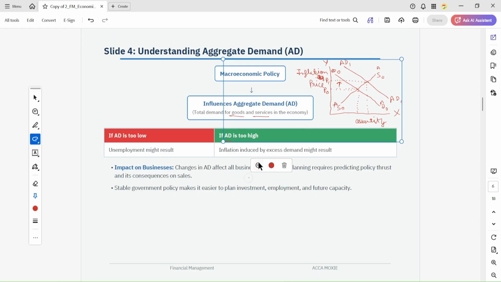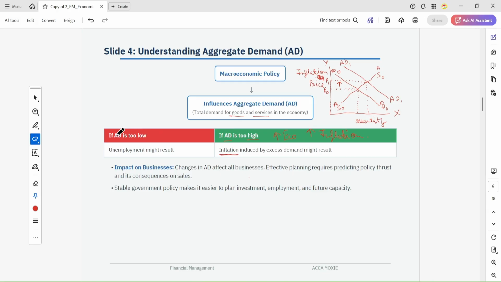So when the aggregate demand is high, the inflation will be higher. Okay, so when there is an increase in economy, there is an increase in inflation. So that is the conflict between the objectives.